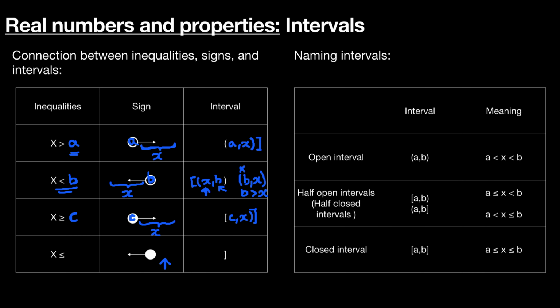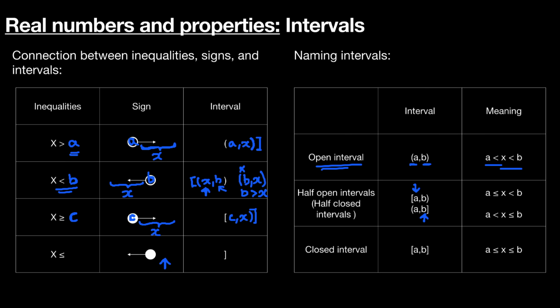These are the different types of intervals that we can have. We can have an open interval where neither a nor b is included in the interval. So therefore, we have x is more than a and x is less than b, but x is not equal to a or b. Or we could have half open intervals, also called half closed intervals, where one of the starting value or one of the ending value is included.